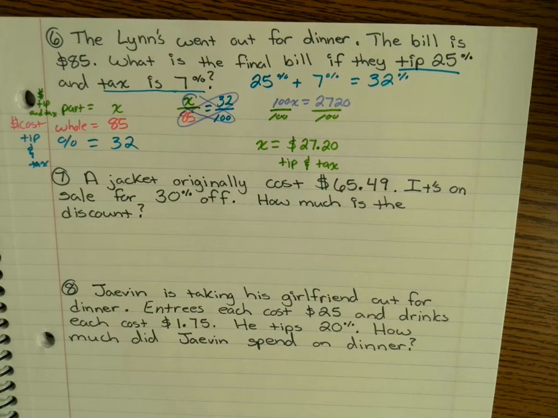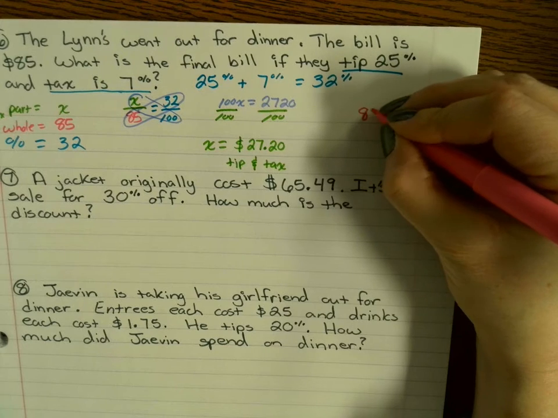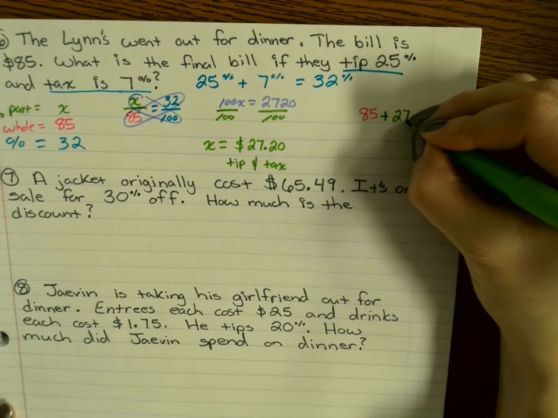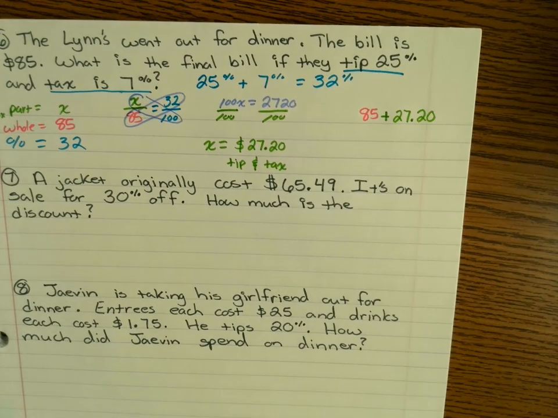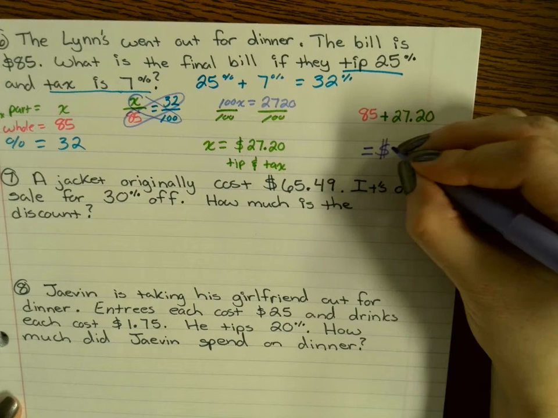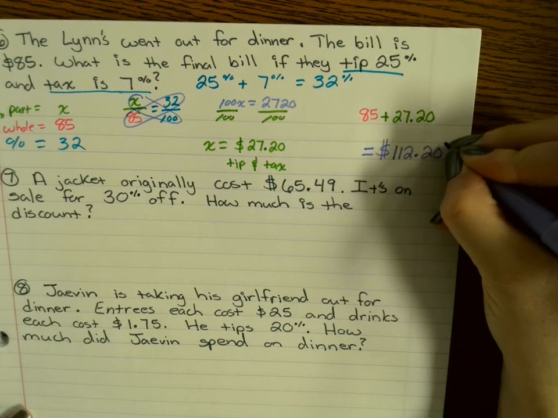So we're going to go $85 plus $27.20, and that's going to give us our final bill, which is $112.20. That's the final bill.